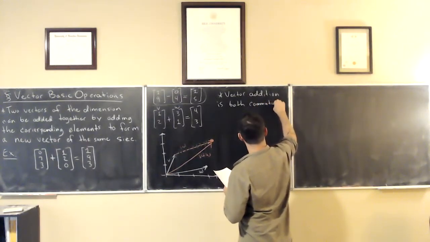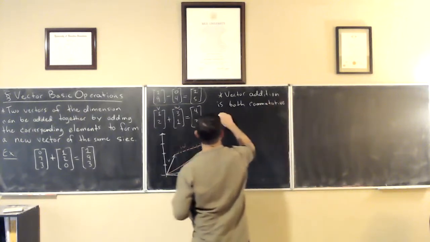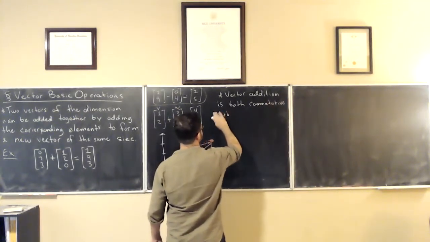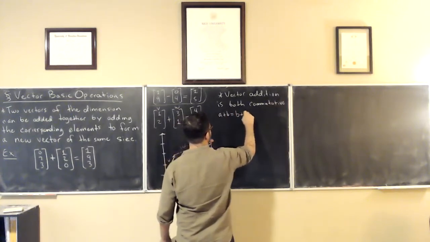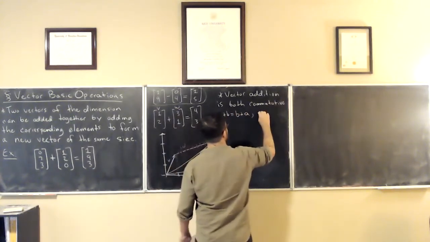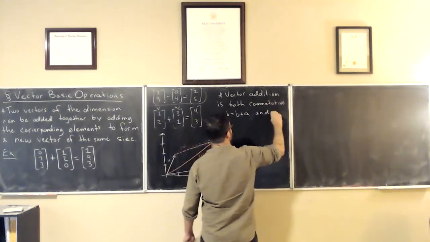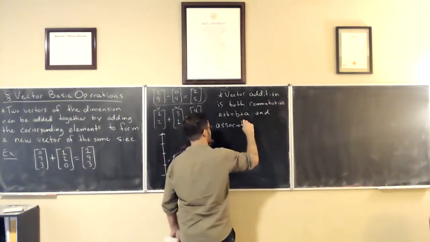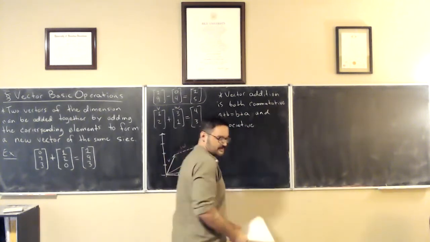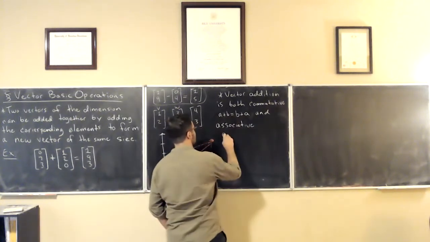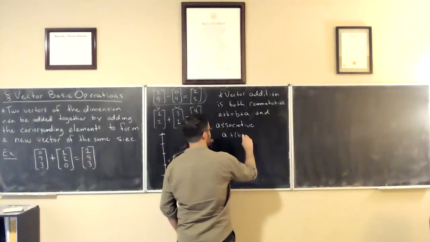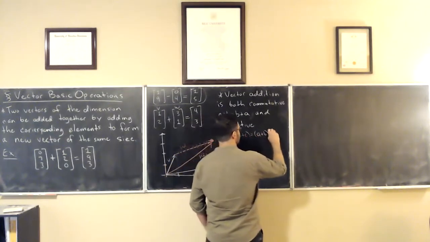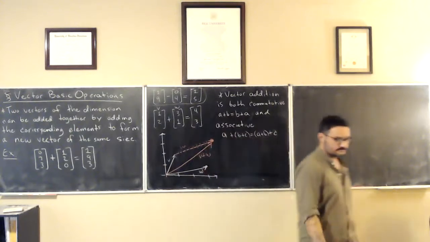Commutative just means that A plus B is equal to B plus A. And associative means that (A plus B) plus C is equal to A plus (B plus C).